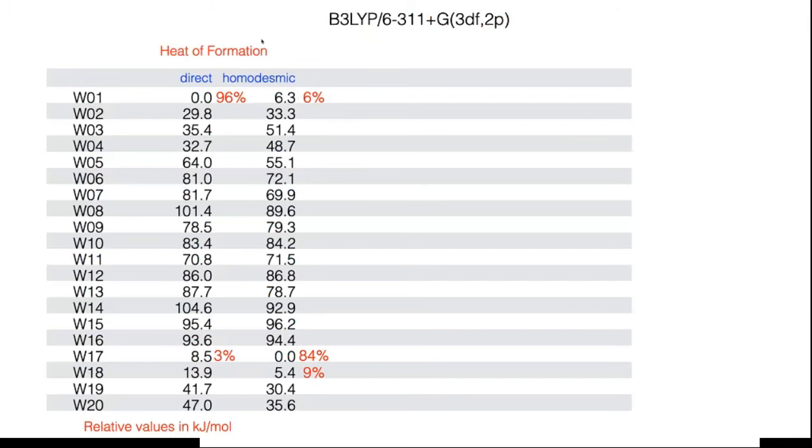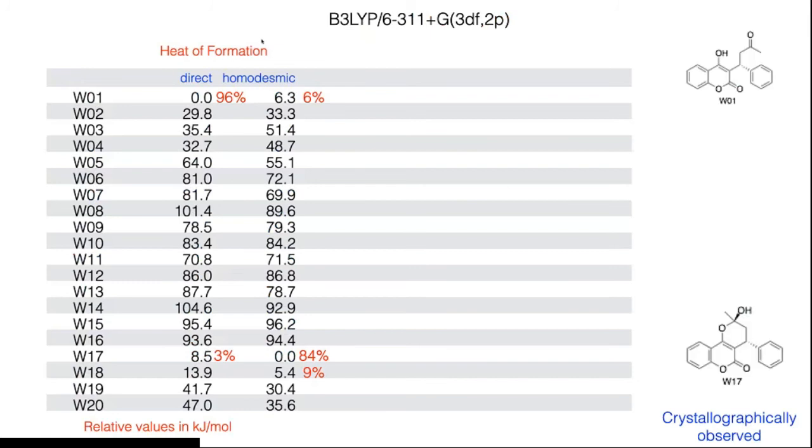But if we do this calculation using the homodesmic reaction, we get the opposite trend, where the cyclic tautomers 17 and 18 are the major, and the open chain, which is the first one, is the minor. So what we did next was, and I'll just show the structures here for those two, 1 and 17.